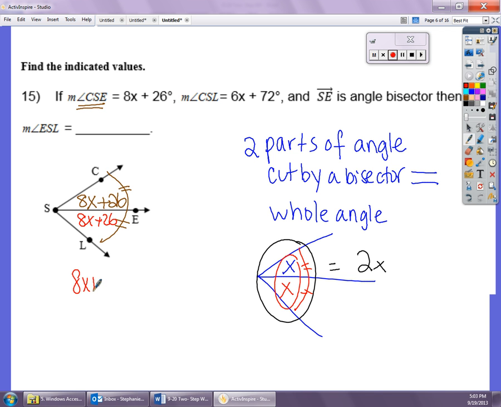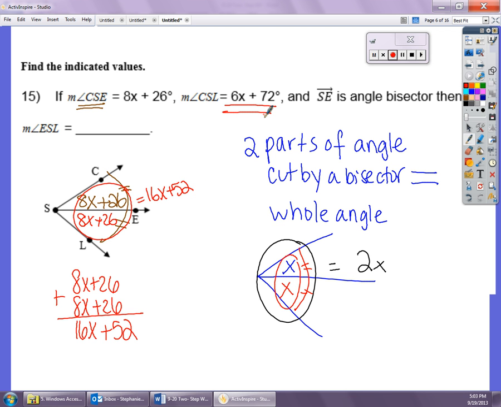So if you do 8x plus 26 plus 8x plus 26, you get 16x plus 52. So the whole angle is equal to 16x plus 52. But they told us here that the whole angle is also equal to 6x plus 72.